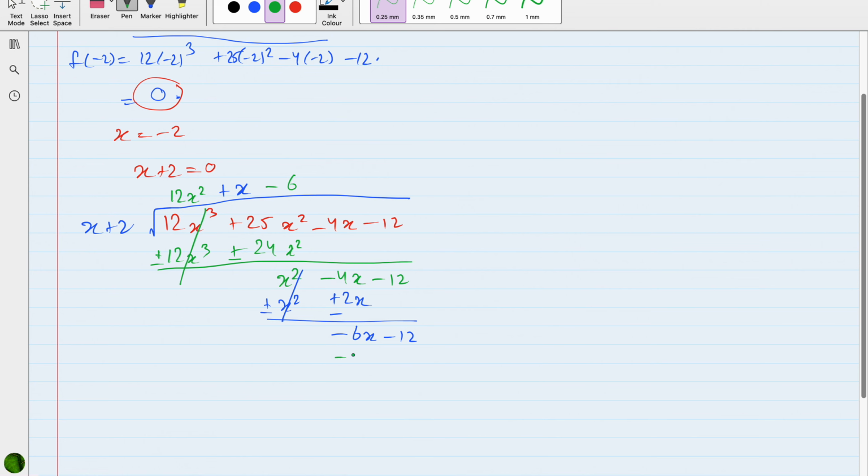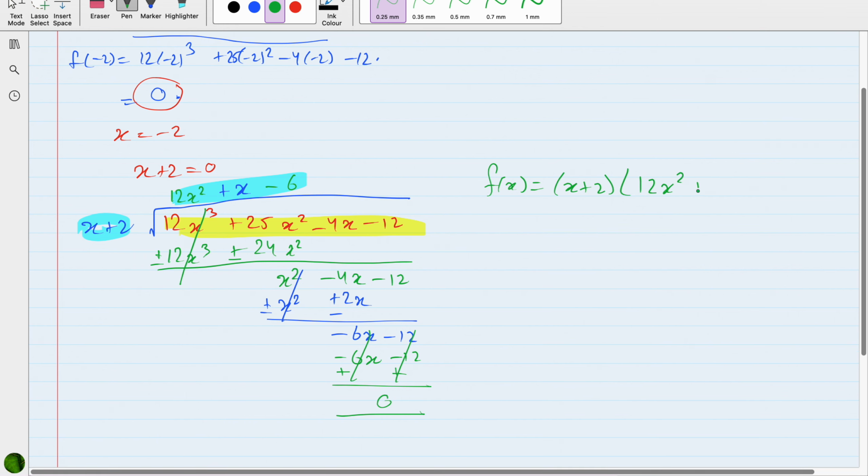So x into minus 6 is negative 6x and negative 12, and when we change the signs we add them. This is 0. So basically this polynomial right here is a product of these two, x plus 2 and this. So now we can write f of x is equal to x plus 2 times 12x square plus x minus 6.